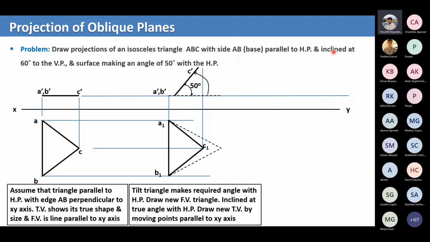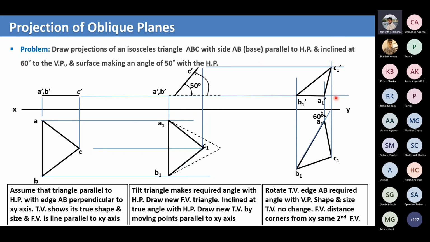AB is inclined at 60 degrees to the VP. That means this is the point A1, B1. This should be at an angle of 60 degrees to VP. So how do we do that? Now we have to tilt this so that A1, B1 will make 60 degrees with XY line. That satisfies this statement.